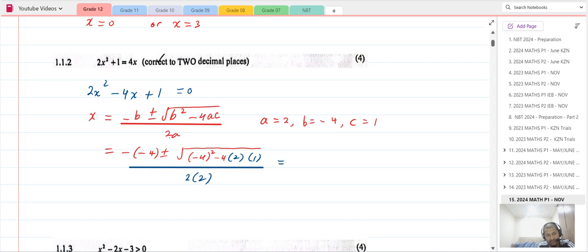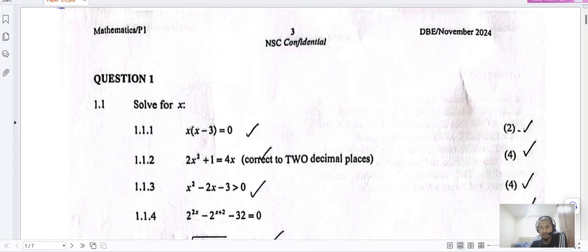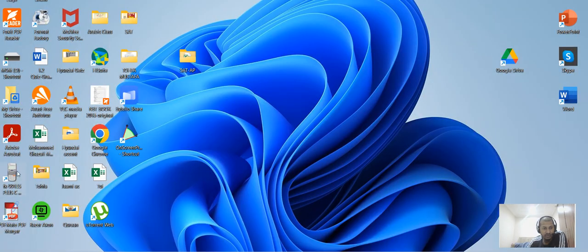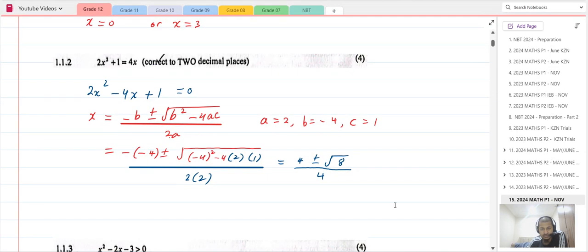What we have here is 4 plus or minus the square root of 16 minus 8, which is 8, all over 4. You can type this entire thing with a minus then with a plus on the calculator. So I will type 4 minus the square root of 8 over 4, and 4 plus the square root of 8 over 4. I'm just popping my calculator back on the screen.